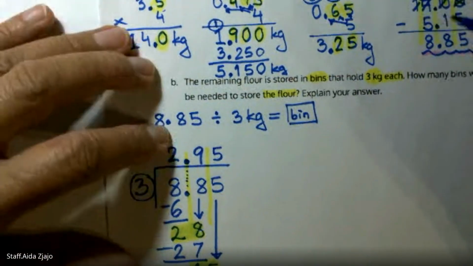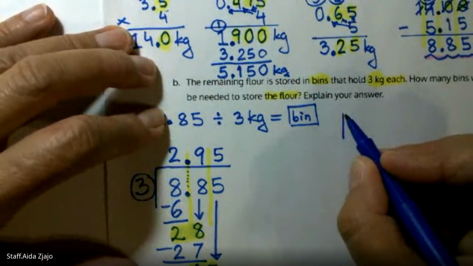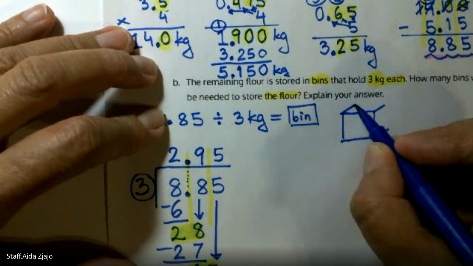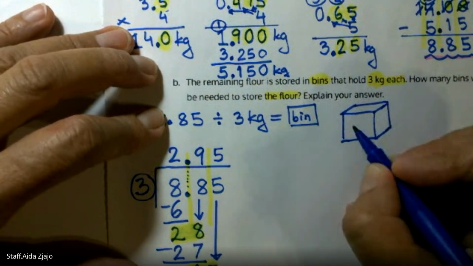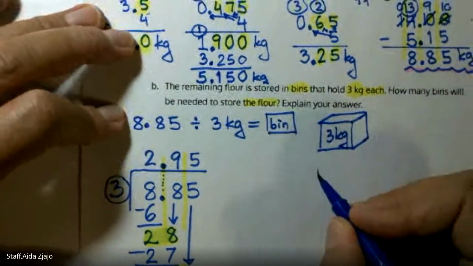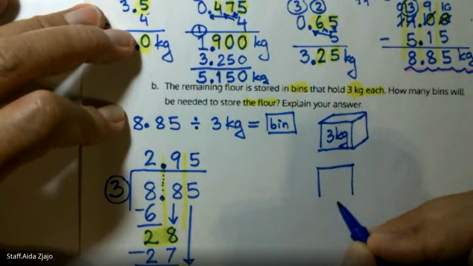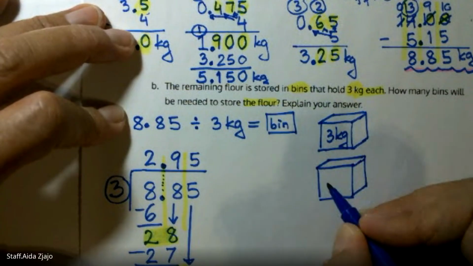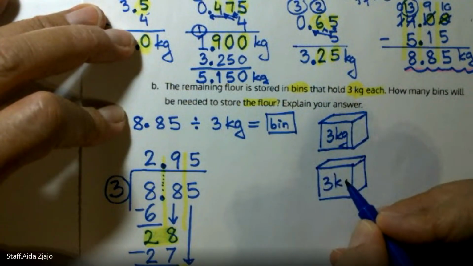He will have one bin that is 3 kilograms. Then he will have another bin that is also 3 kilograms.